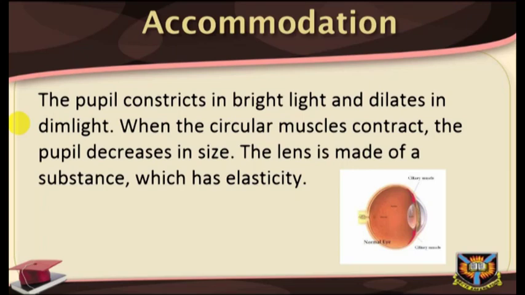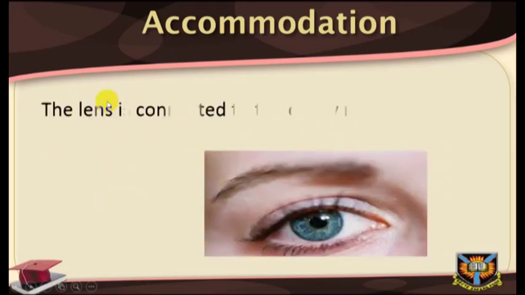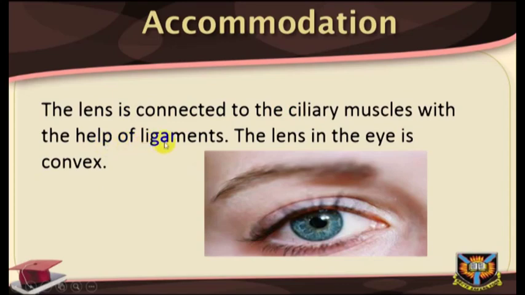The pupil constricts in bright light and dilates in dim light. When the circular muscles contract, the pupil decreases in size. The lens is made of a substance which has elasticity. The lens is connected to the ciliary muscles with the help of ligaments. The lens in the eye is convex.